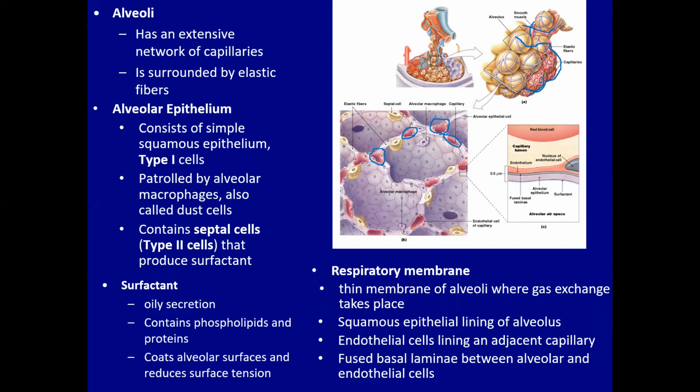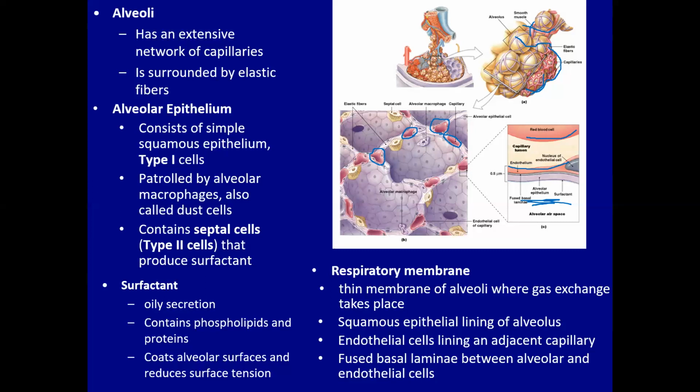And even by looking at this picture, I think that this will help. This is the inside of the empty grape, of the alveolus. This is the capillary on the outside of the alveolus, right, as indicated by the red blood cell that's running through the capillary. All right.